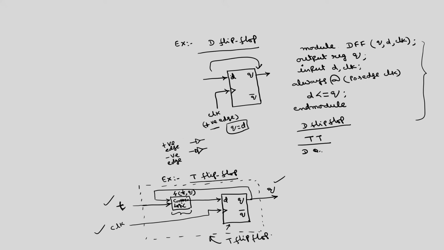D, Qn present state, next state is Qn plus 1. If D is 0, regardless of the previous state, Qn plus 1 is 0, even if the previous state is 1, this is 0. Simply Qn plus 1 is D. If D is 1, regardless of the previous state, this will be 1.